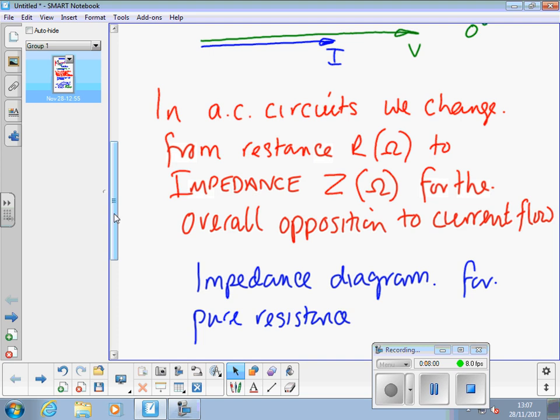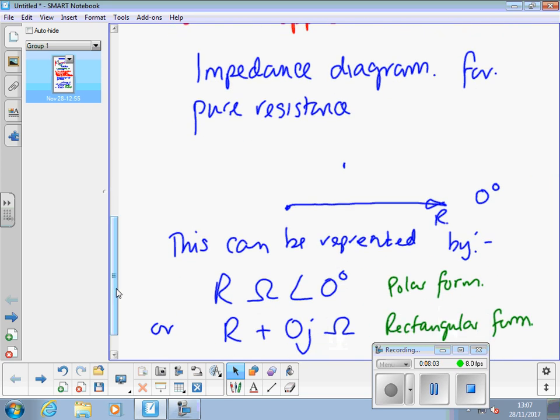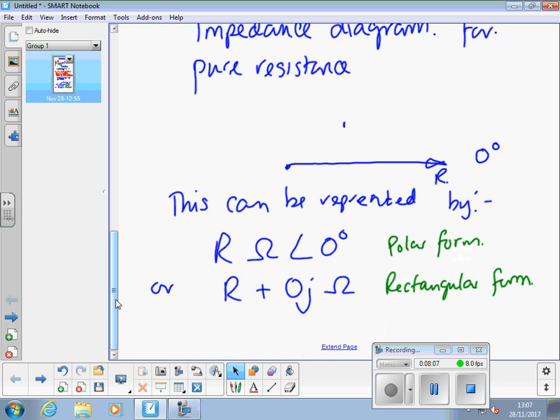The impedance diagram for a pure resistance circuit is a single phasor left to right at 0 degrees, and we can represent that mathematically by the resistance value, its units, at a particular angle, polar form, or its resistance, i.e. this, you'd say this is the horizontal component, and that being the vertical component.